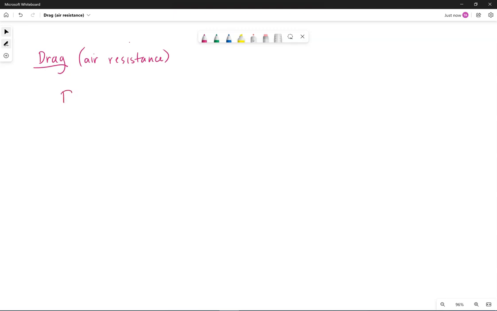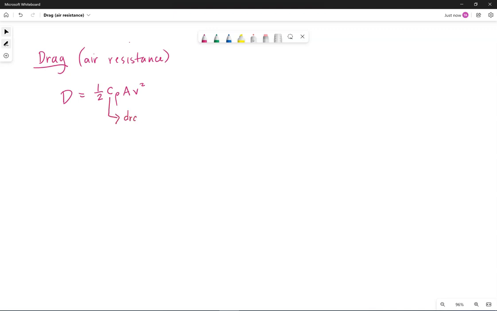So the equation our author gives us is assuming an object traveling fairly quickly. So like a skydiver, if you jumped out of an airplane, you're falling towards the ground before you opened your parachute, the drag force on you could be modeled by this equation. But again, this is still an approximation.